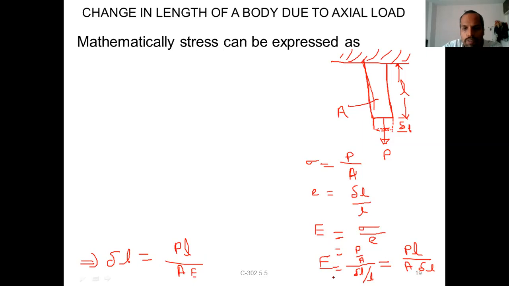From E equal to PL by A into delta L, delta L goes to one side and E goes to the denominator.